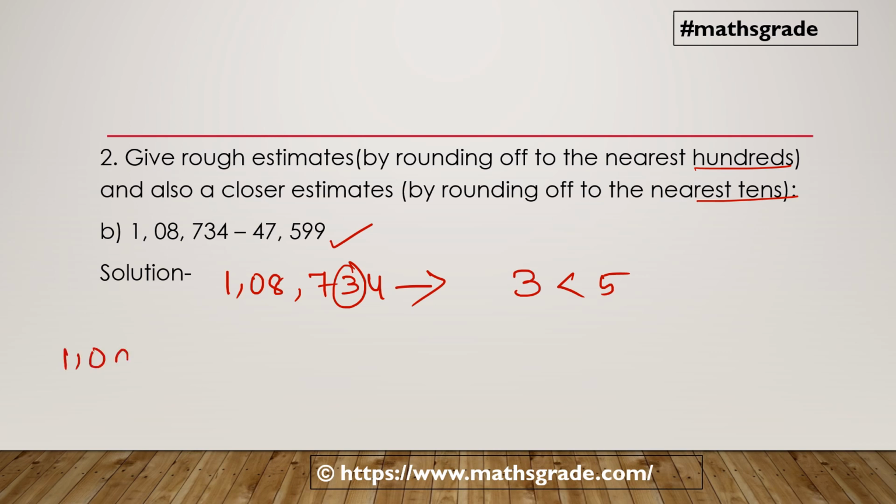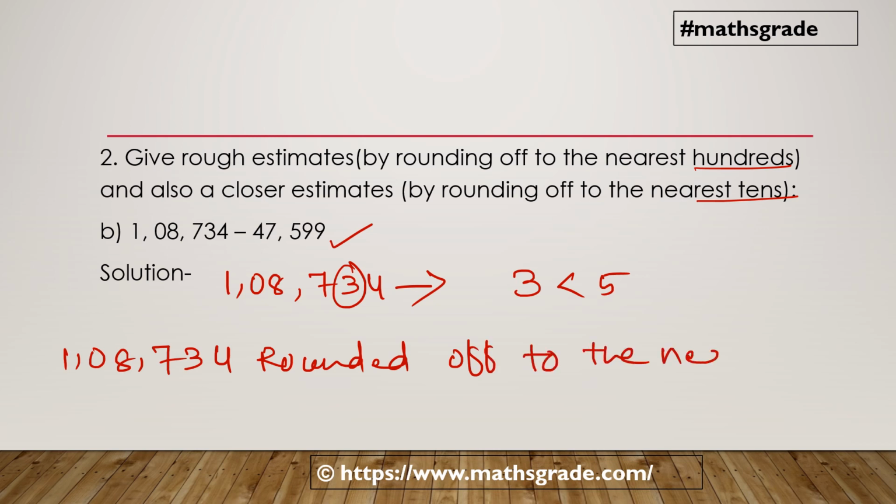So 1,08,734 rounded off to the nearest hundred is 1,08,700.